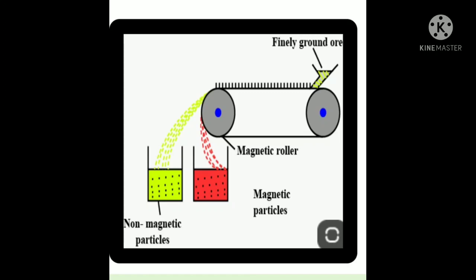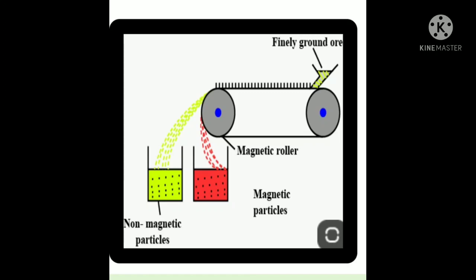The ore which has magnetic particles is attracted to the magnetic wheel, whereas the gangue or impurities, which are non-magnetic particles, fall away from the wheel. This conveyor belt separates our ore and the gangue particles. Otherwise, you can say it separates magnetic particles from non-magnetic particles.